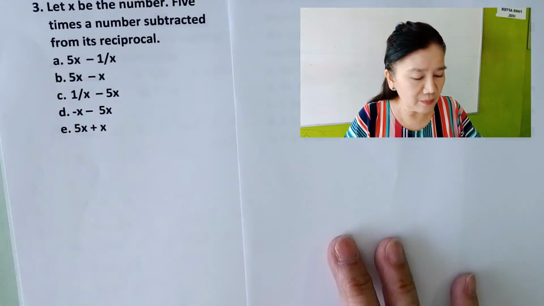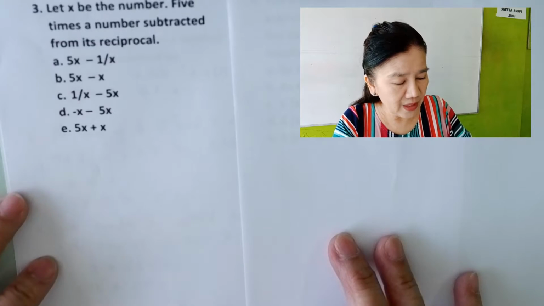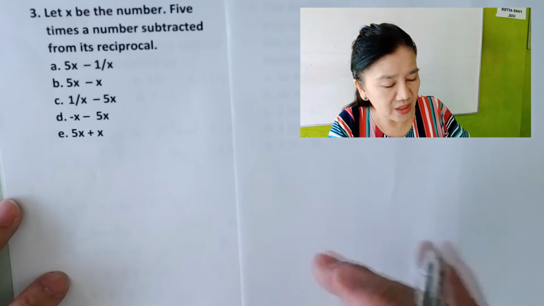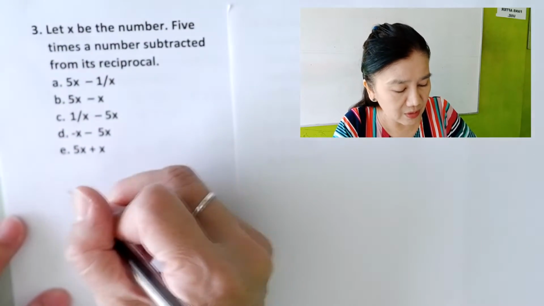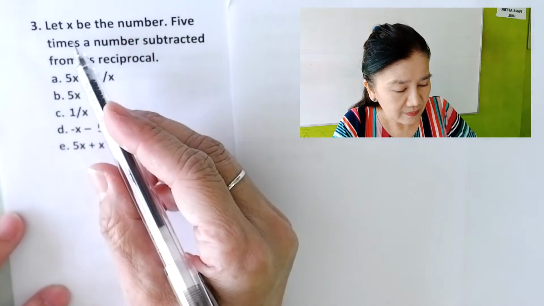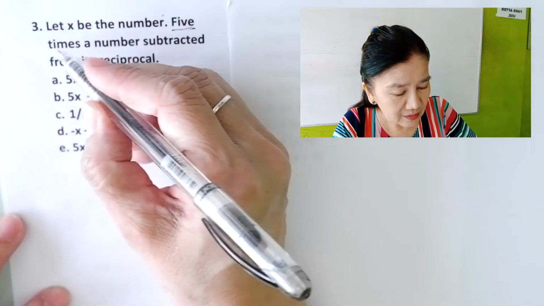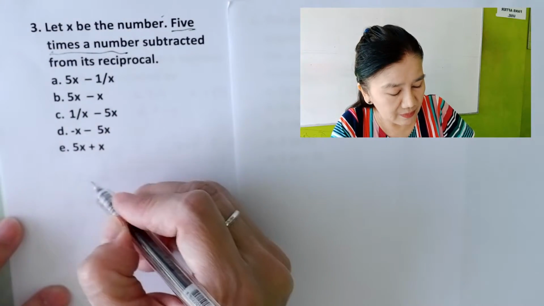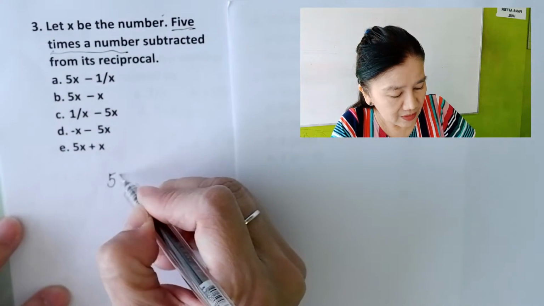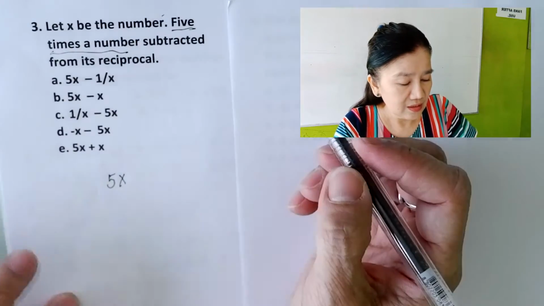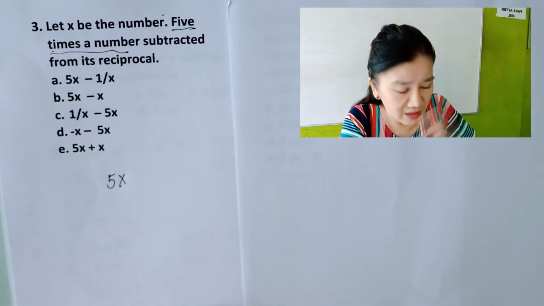Problem number 3. Let x be the number. 5 times a number subtracted from its reciprocal. So our number is x. 5 times a number, so we have 5x subtracted from its reciprocal.